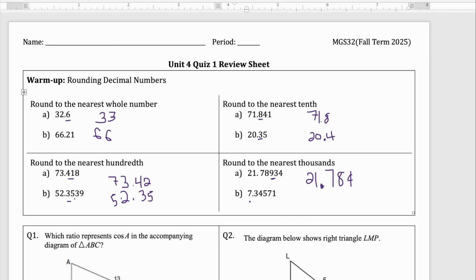And then we have 7.34571. So 7 point, and we need 3 decimal places, 3, 4, and now we're going to look at the 5 and look at the number next to the 5, and that's a 7. So our value in the thousands place is going to go up.